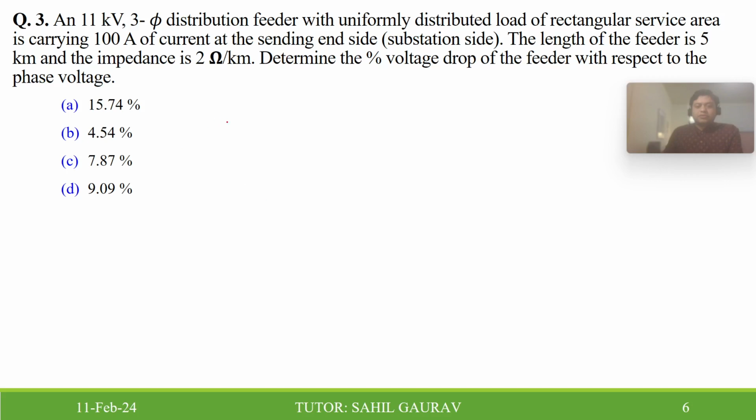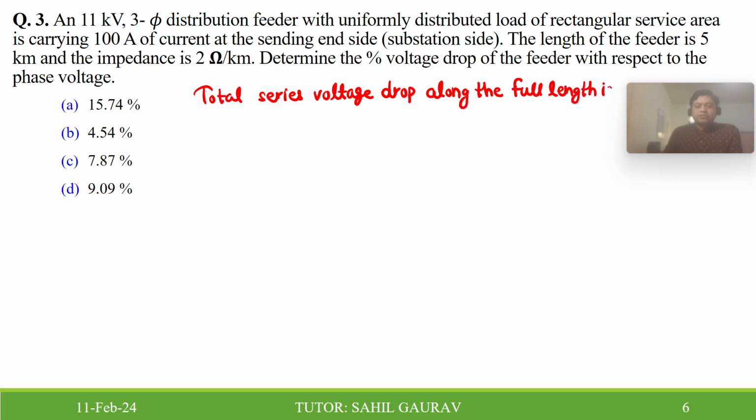So we know the expression for the total series voltage drop along the full length: the voltage drop is given by half of Is ZL.